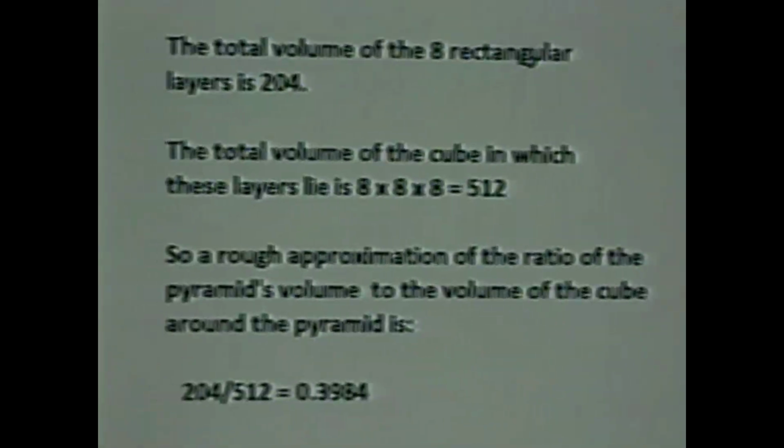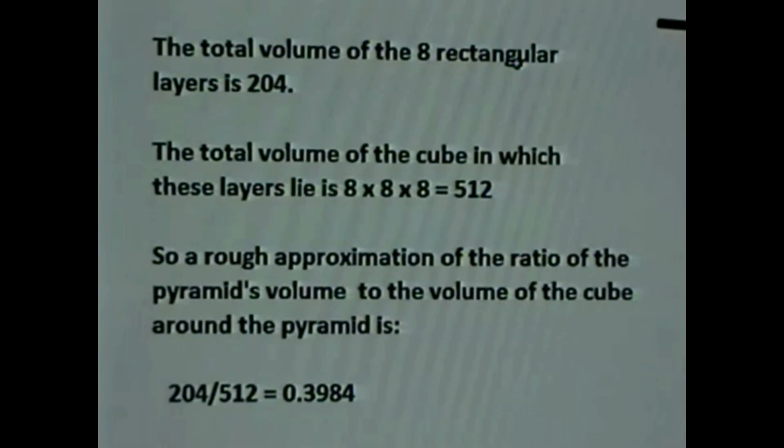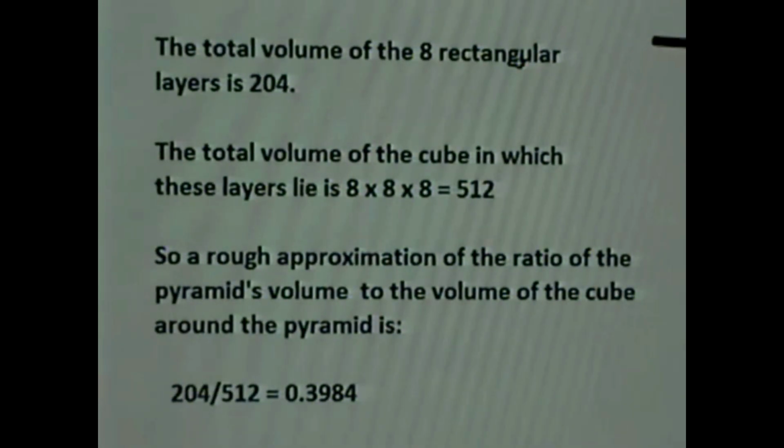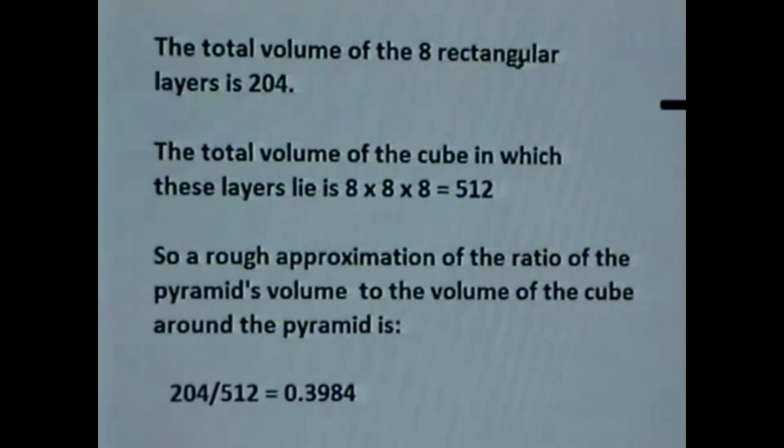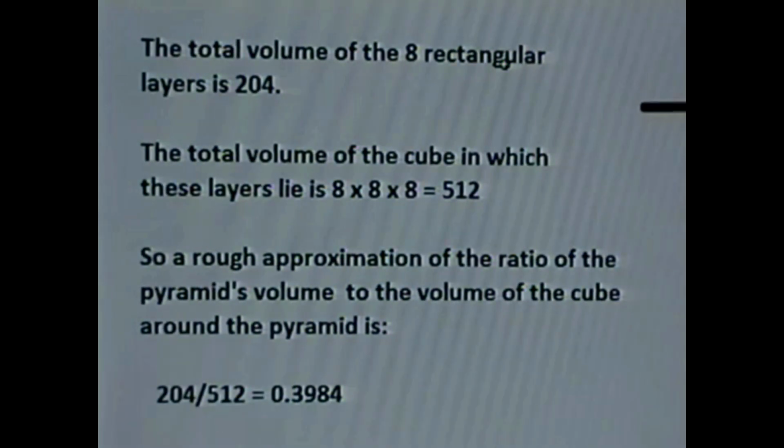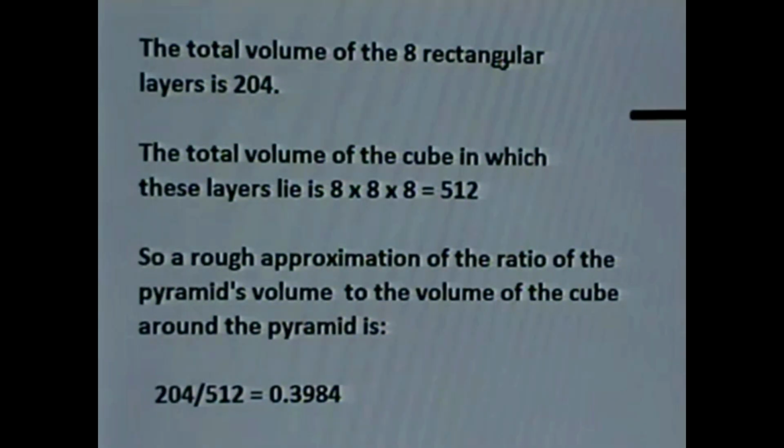So when you add up the volumes of all 8 layers, you get 204 cubic inches. Now, the pyramid is surrounded by a cube which has the dimensions of 8 inches by 8 inches by 8 inches, or 512 cubic inches.